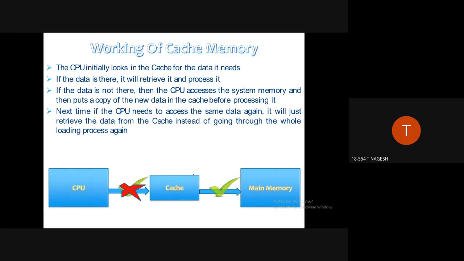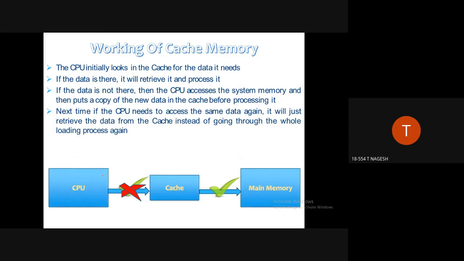If it finds that required data in the main memory, first it will load that instruction into the cache memory, because it is one of the recently used instructions. So it will place that used instruction or data into cache memory first. Next time the CPU needs to access the same data again, it will just retrieve the data from the cache instead of going through the whole loading process again and again.